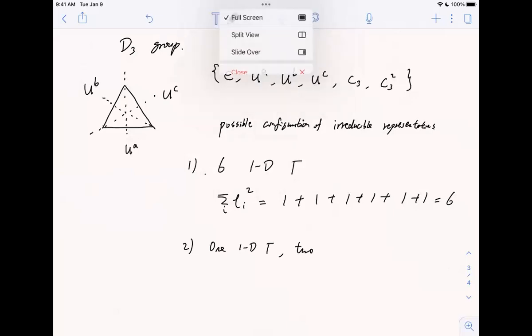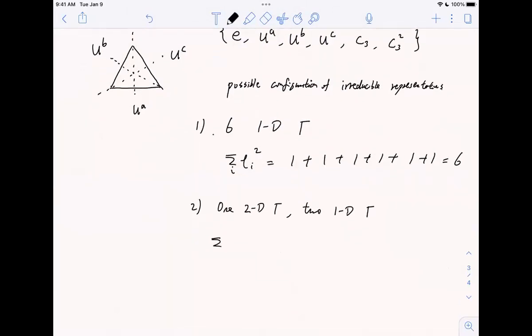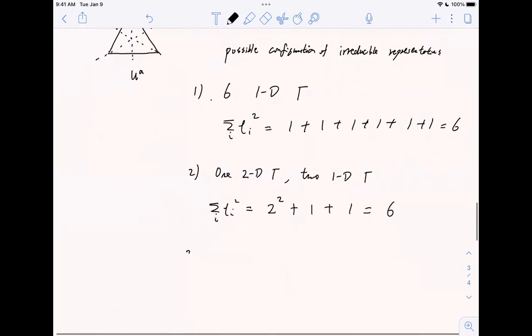Sorry, 1, 2D gamma. Once you set one gamma to be 2D, then what is left is only 1D, because once you set one to be 2, then what is left is only this.